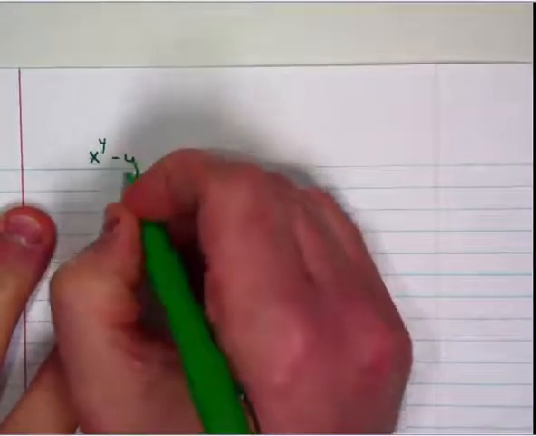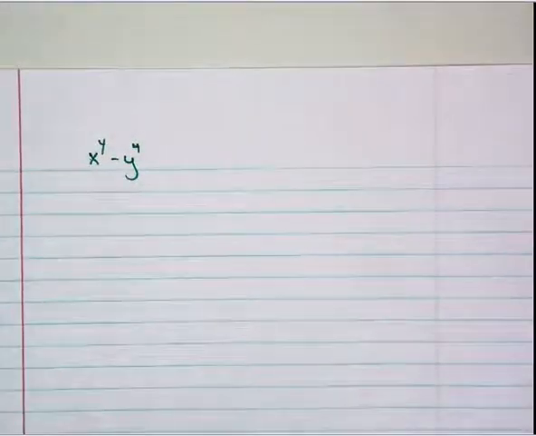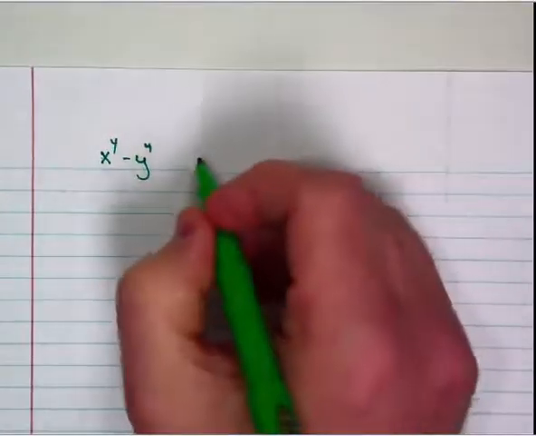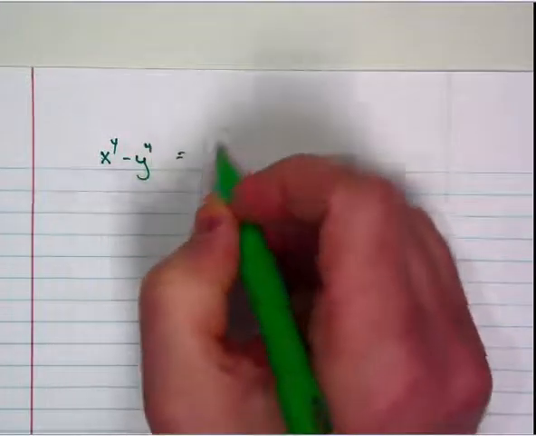Of course, there are some little things that you have to look at. For instance, if I were to give you x to the fourth minus y to the fourth, ask yourself if those are perfect squares. Does something times itself equal x to the fourth? And the answer to that is yes. And y to the fourth also is equal to something times itself.